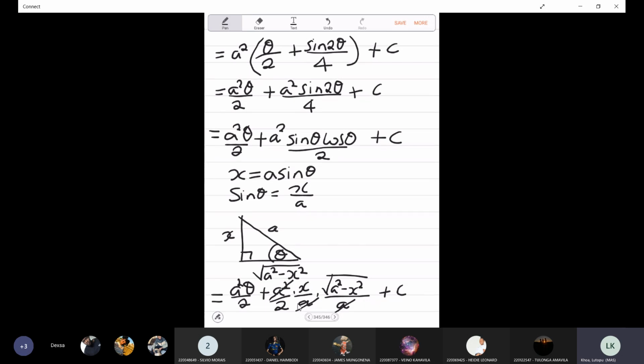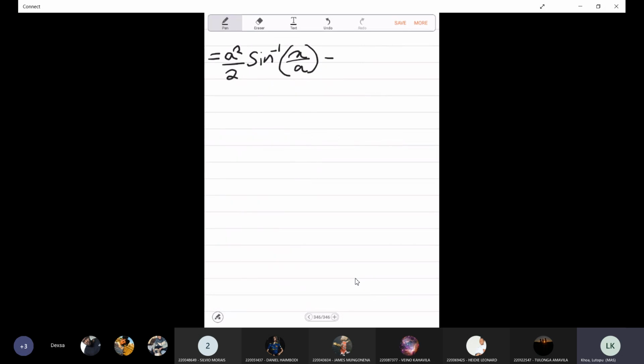Okay, we have x over 2 and then the square root of this. Okay, I think it's fine. Then we have x over 2 and the square root of a squared minus x squared plus the constant of integration.